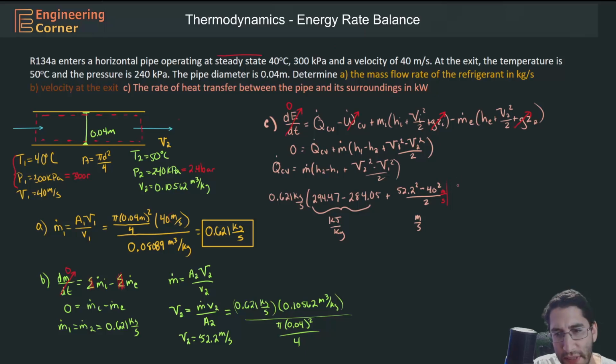And we need to say, all right, 1 newton is 1 kilogram meter per second squared. So now we have some meters in here, and then we can say 1 kilojoule is equal to 10 to the third newton meters. And when we do this, the newton should cancel out with the newton.